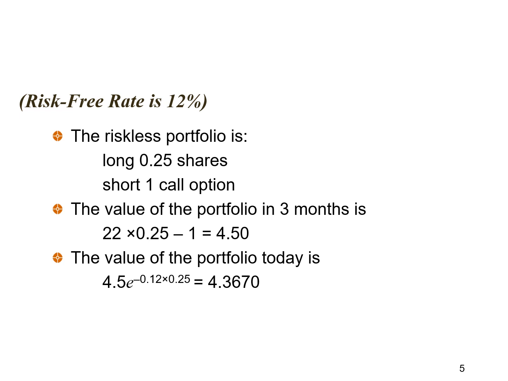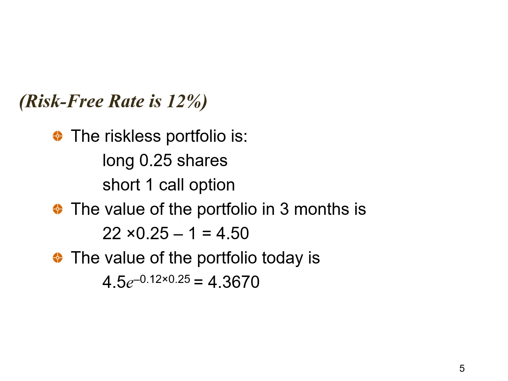So the value of your portfolio in 3 months would be 22, which is the current price, times 0.25 because you're long on 0.25 share, minus 1, which is the value of the call option because the option is going to be exercised at a strike of 21. So 22 minus 21 is $1. So that gives you $4.50.